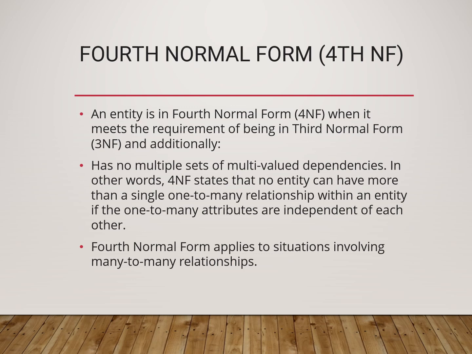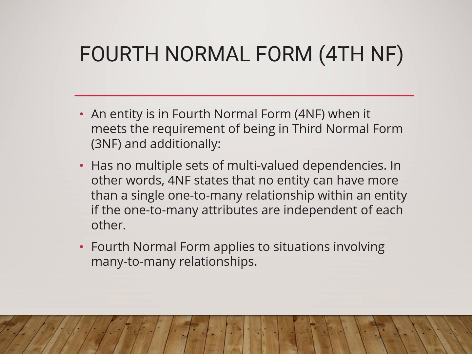We can say that in fourth normal form, no entity can have more than a single one-to-many relationship with an entity, that is, a many-to-many relationship. Simply, fourth normal form should be in BCNF and contain no more than one multi-value dependency.